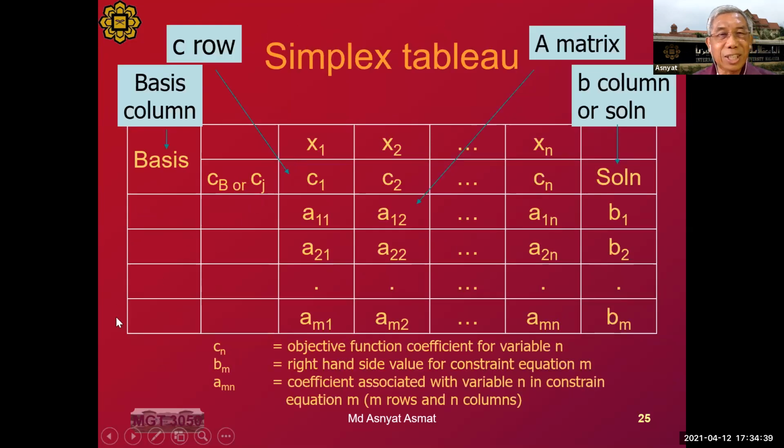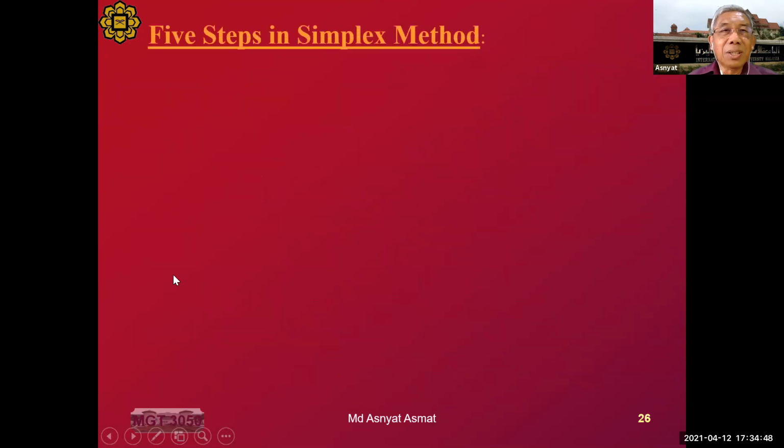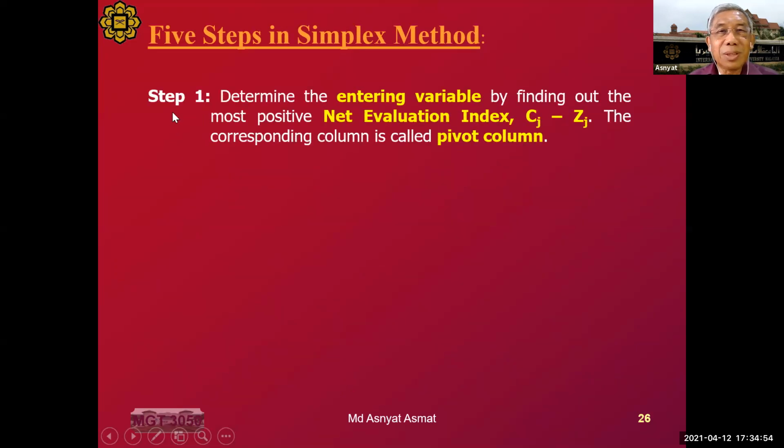Okay. Now it doesn't make much sense to you yet. You will take note of this. You are going to play with this. Now, to do simplex method, there are several steps. Now, determine the entering variable by finding out the most positive net evaluation index, Cj minus Zj, the corresponding column called pivot column.